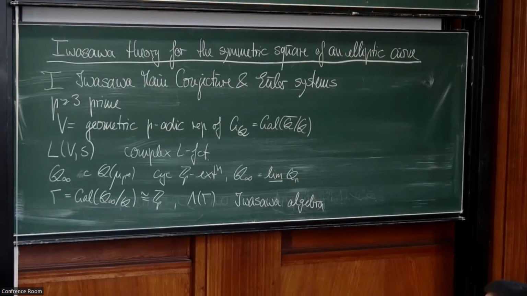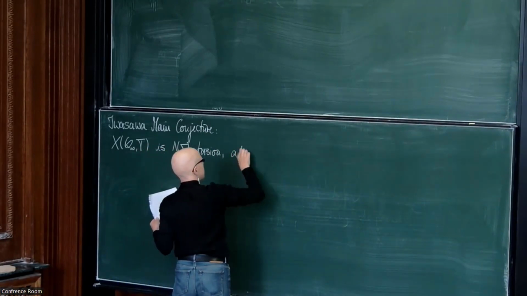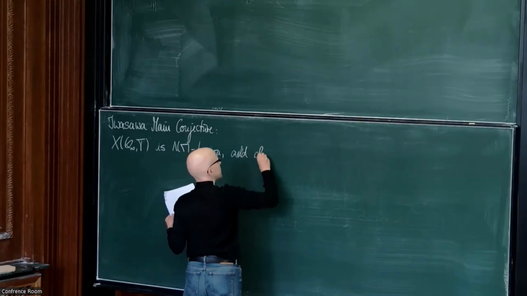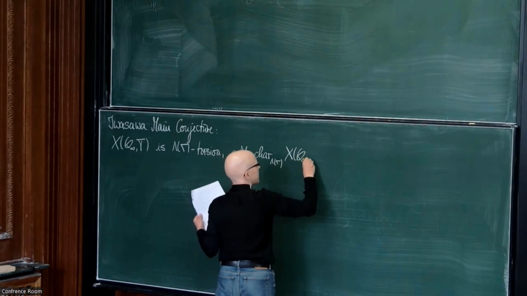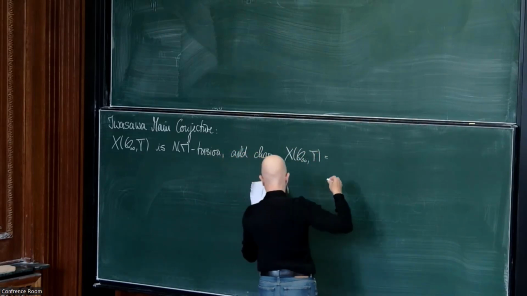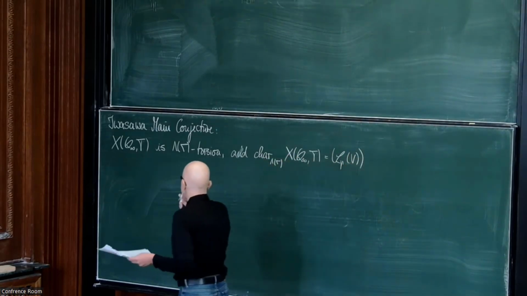It says that under the ordinarity assumption on the Galois representation, this Selmer group is a torsion module, and its characteristic ideal is generated by the p-adic L-function. Right, okay.